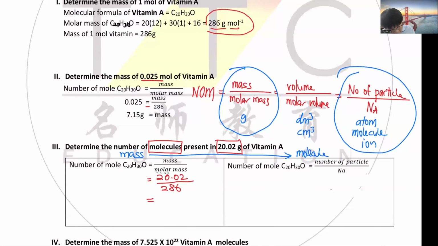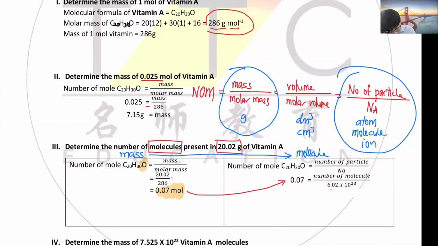So you get this, put it inside here. You get 0.07. So the number is almost the same. Then you calculate your molecule.